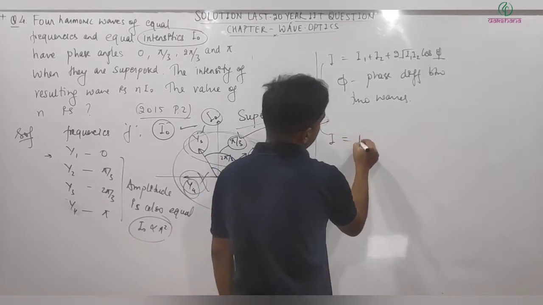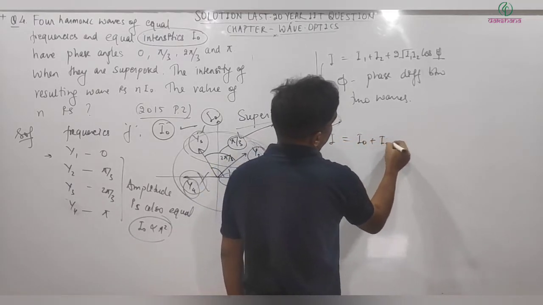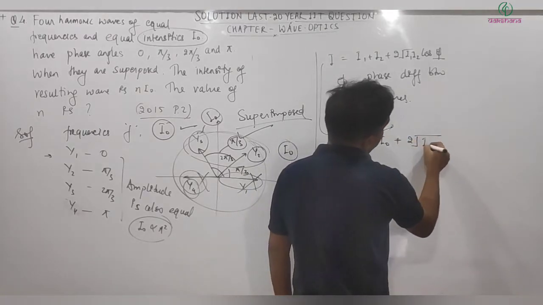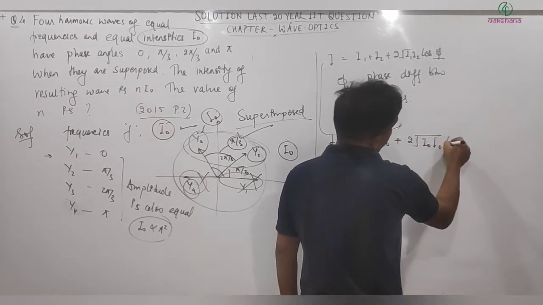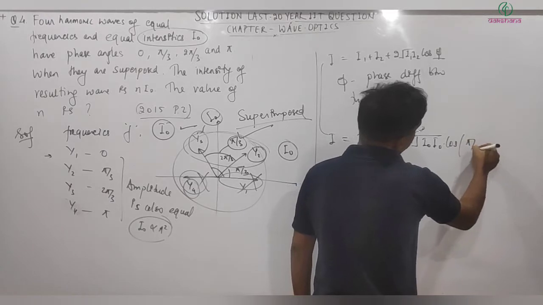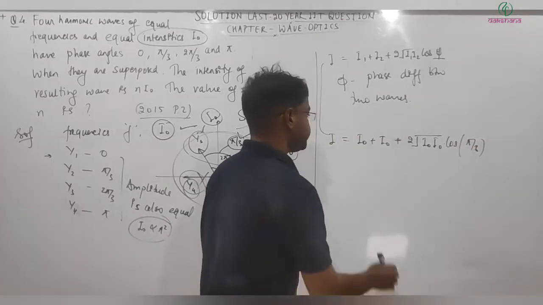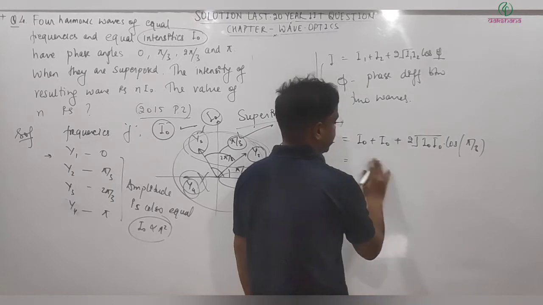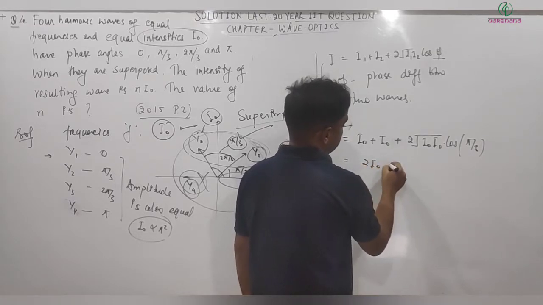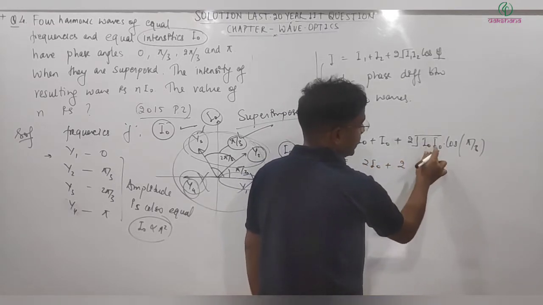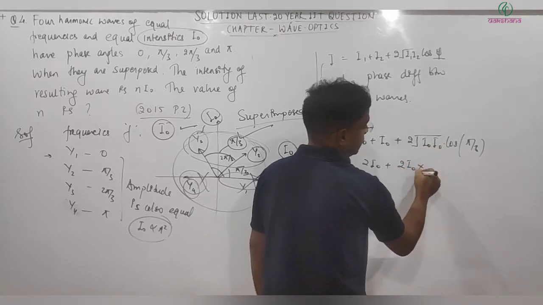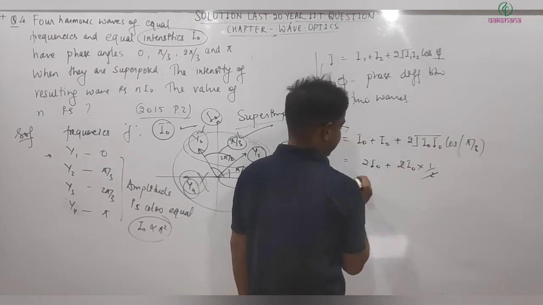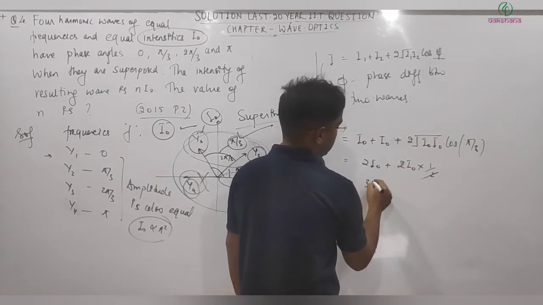So I is equal to I0, I2 is also I0, plus 2 root I0 I0 cos pi/3. Clear? Solving, adding these two, it's 2I0 plus 2 I0 cos pi/3, 60 degrees, which is equal to 1/2, and this implies it's 3I0.